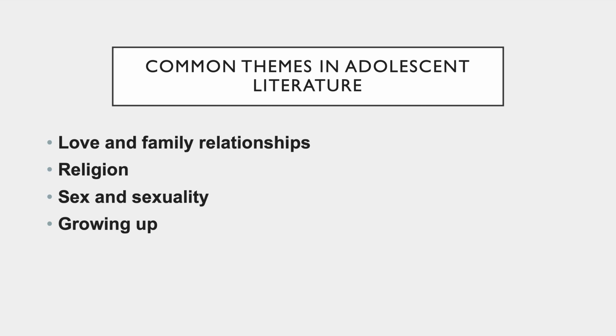What we see happening with a theme like this is the author tends to track the development of the character or characters through their aging phases. So they may start out as children and you see them entering pre-adolescent ages, and you see them going through the teenage years to some extent, and perhaps even becoming adults.